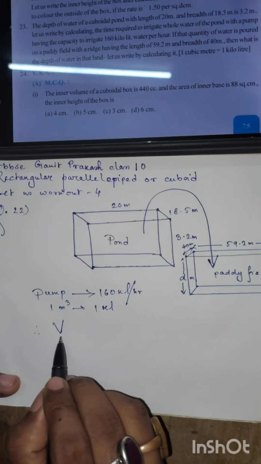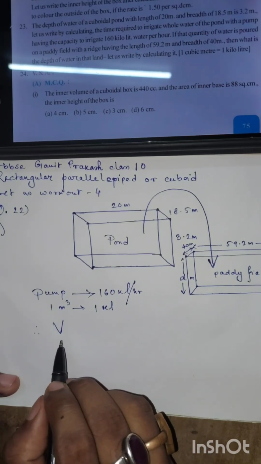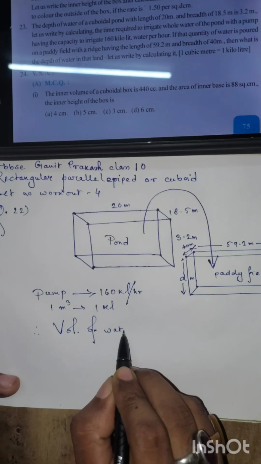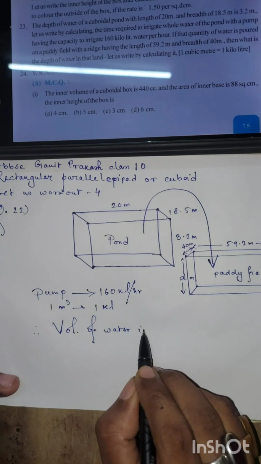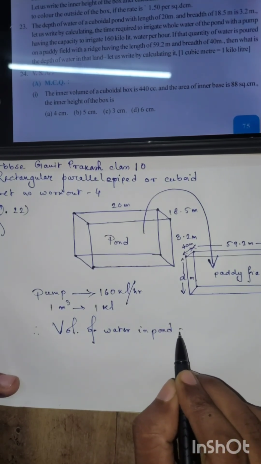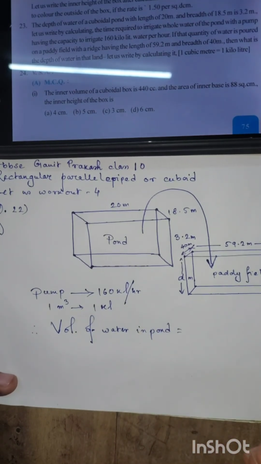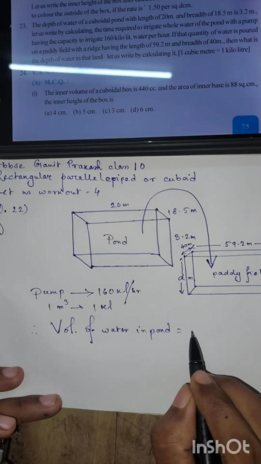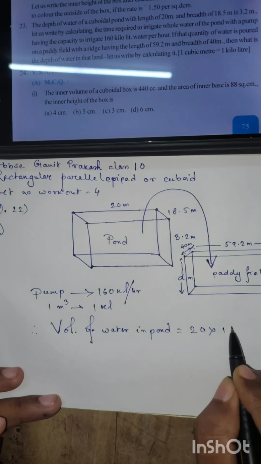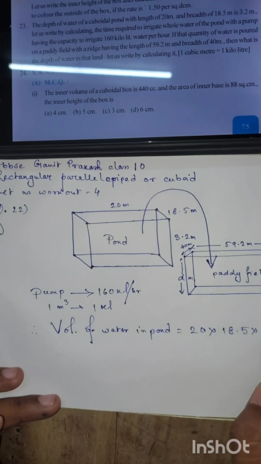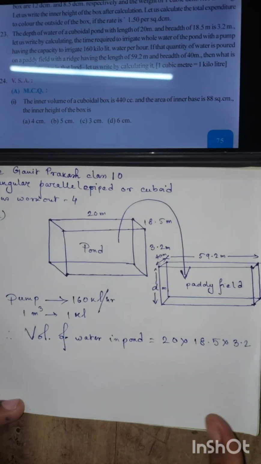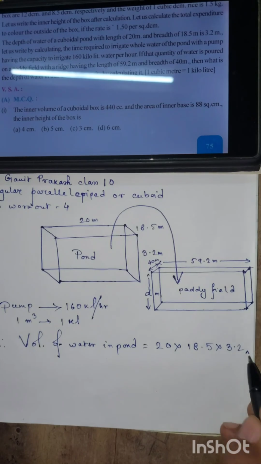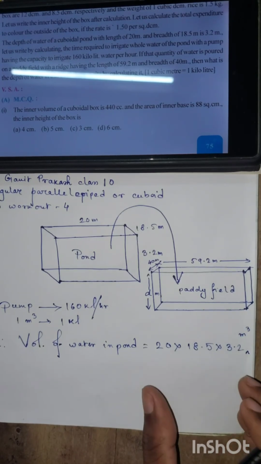Therefore, volume of water in pond is equal to cubic meter. So this is the total volume.